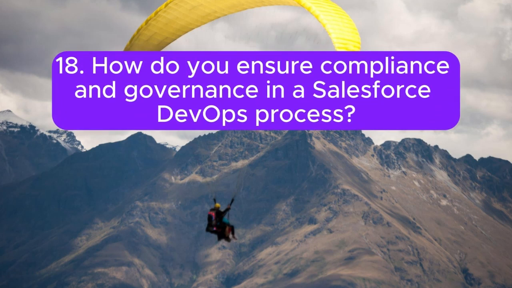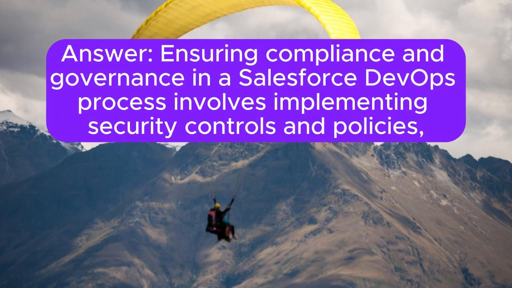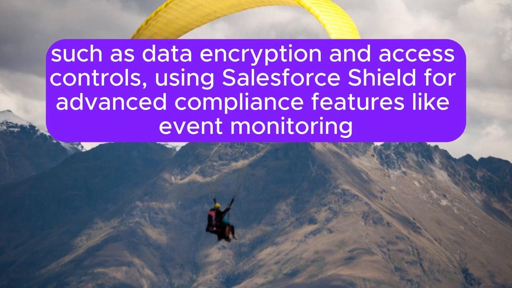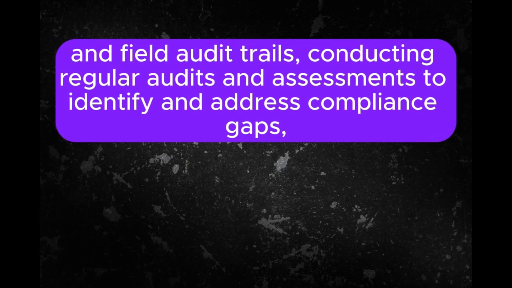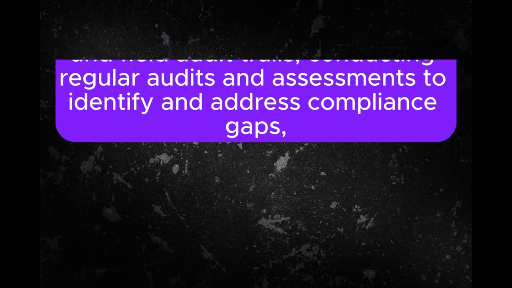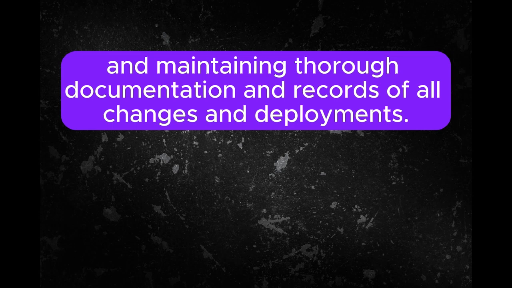18. How do you ensure compliance and governance in a Salesforce DevOps process? Answer: ensuring compliance and governance in a Salesforce DevOps process involves implementing security controls and policies, such as data encryption and access controls, using Salesforce Shield for advanced compliance features like event monitoring and field audit trails, conducting regular audits and assessments to identify and address compliance gaps, and maintaining thorough documentation and records of all changes and deployments.